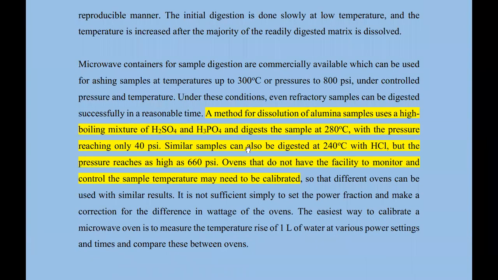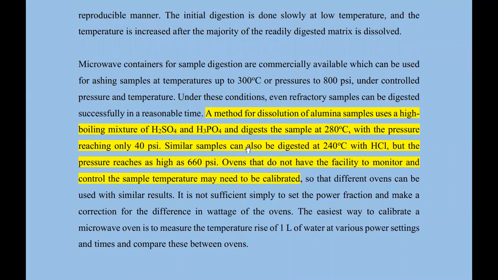Okay, now let's look at how the thing is done and what acid is used, the conditions and things like that. If you want to dissolve alumina samples, samples that contain aluminium, remember that aluminium at times behaves as if it is very unreactive. It's because it has a protective layer.